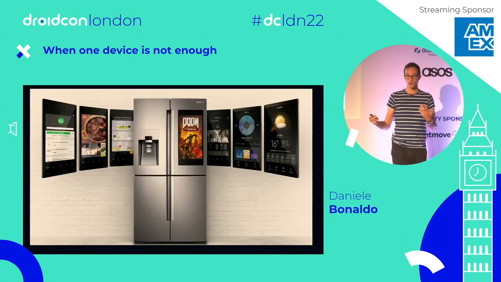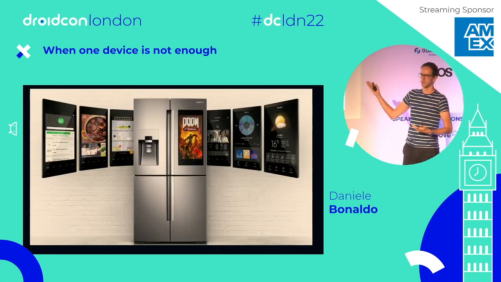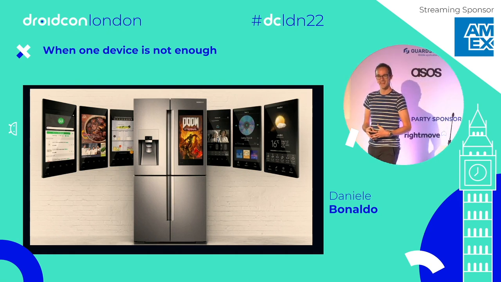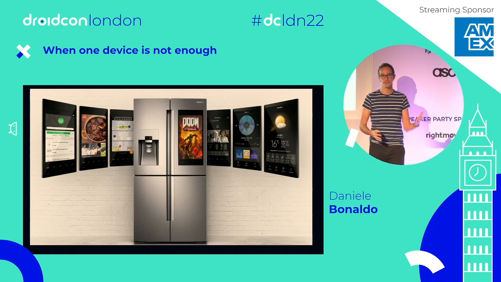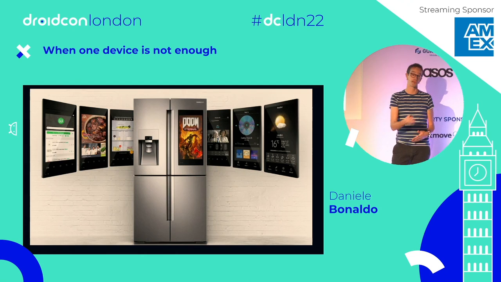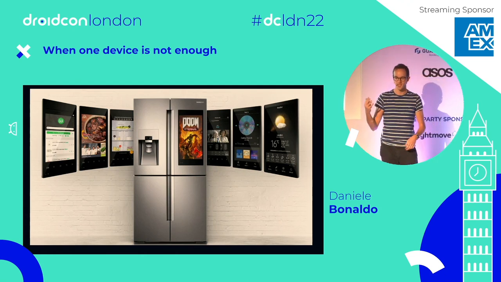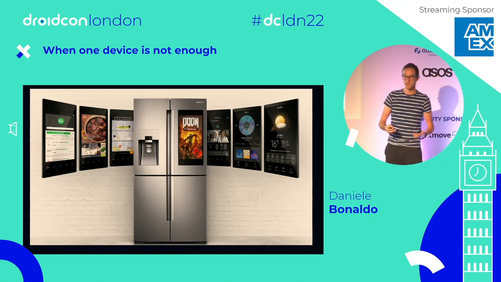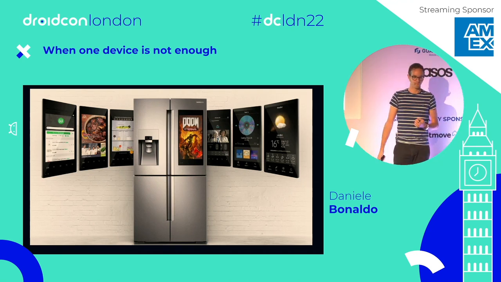Or when you are playing a video game on your refrigerator and you think, why am I doing this, I have a console, I should play on that one, but I don't want to start from the beginning of the level. I should continue what I was doing. I should resume from the same point from my refrigerator, I don't know why, not judging, to my console.